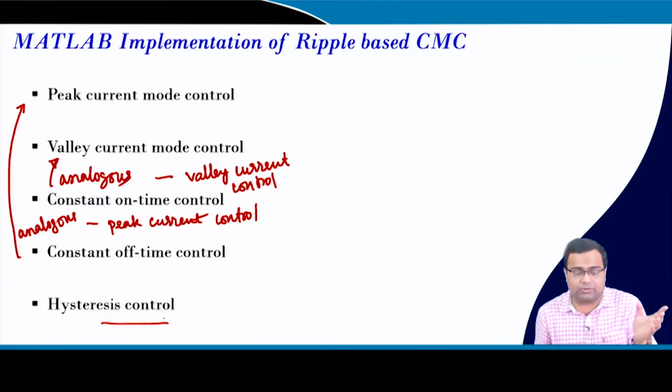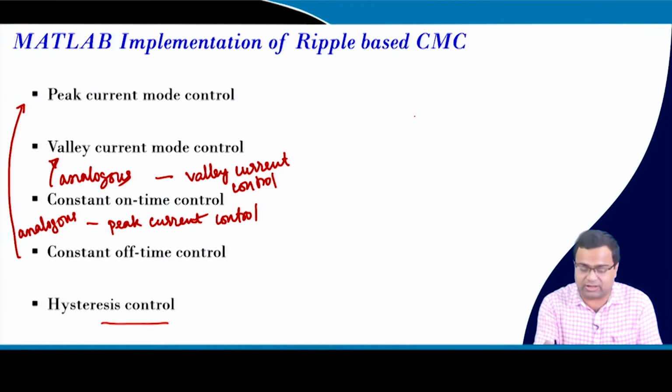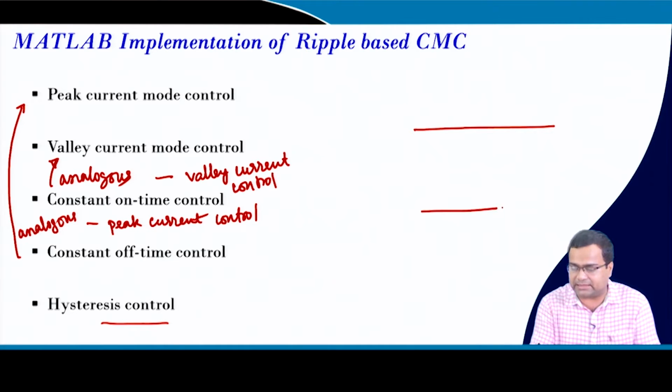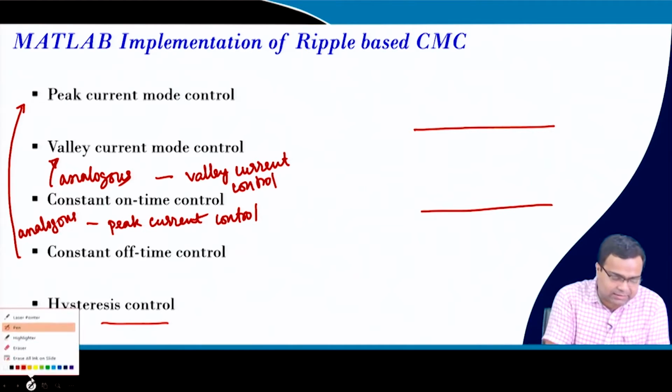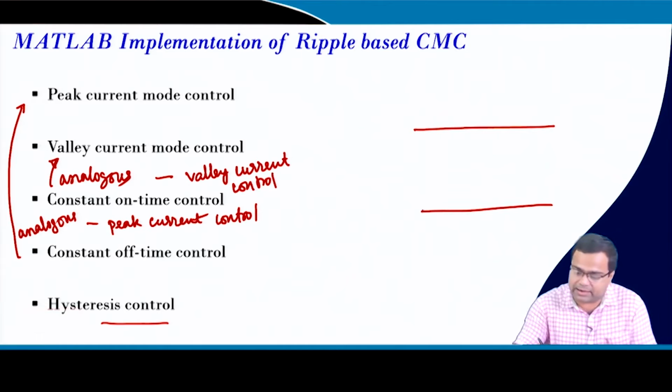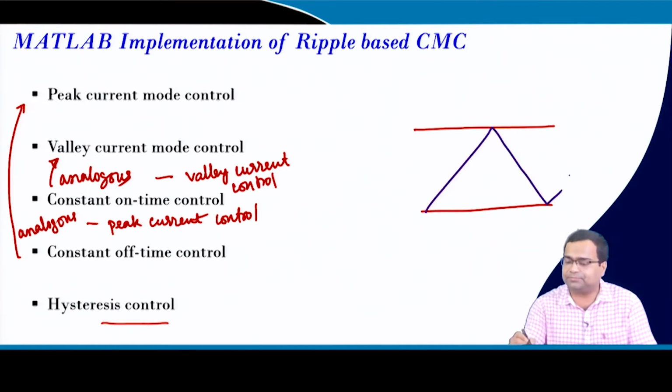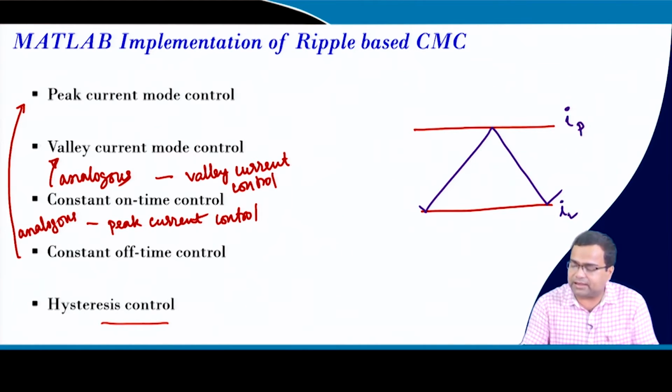It requires a hysteresis band. Suppose we have a hysteresis band like this, and we want to keep our inductor current within this band. Within this band, this is our peak reference, this is our valley reference, and this is our actual inductor current.